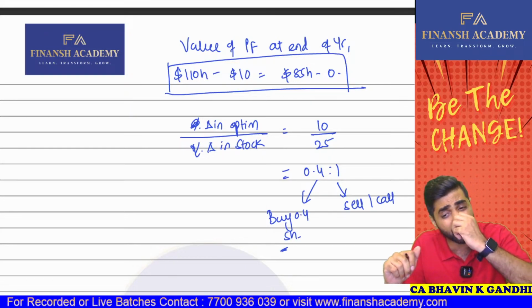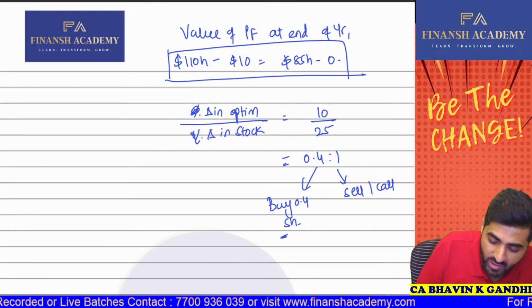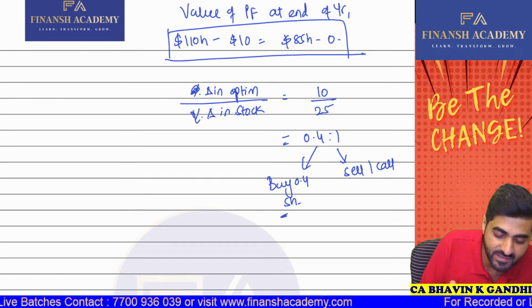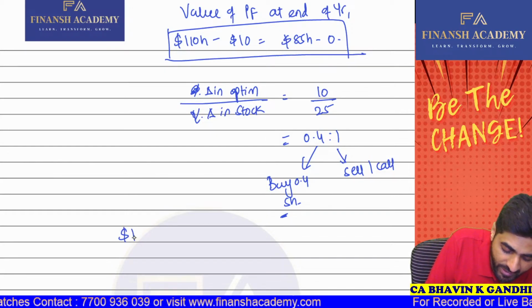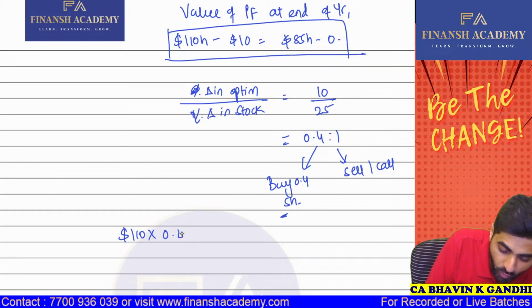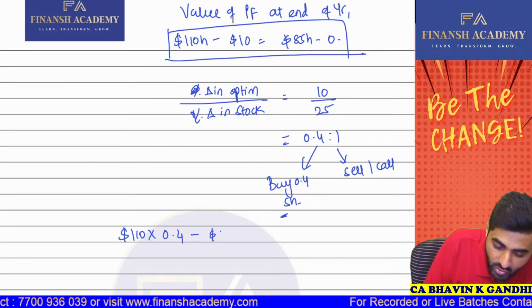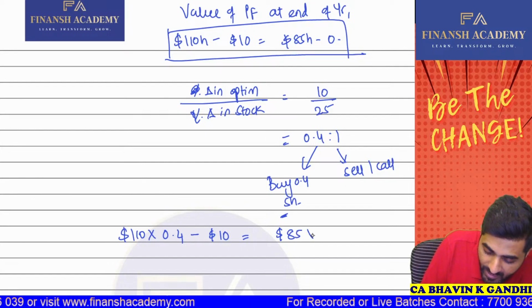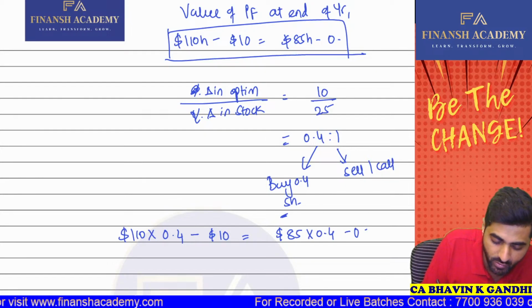Now let me see whether what I've done is correct or not. Because if I now know that I have to buy 0.4 shares, so $110 into 0.4 minus $10, this should be equal to $85 into 0.4 minus 0.